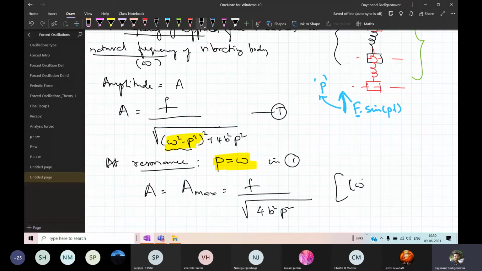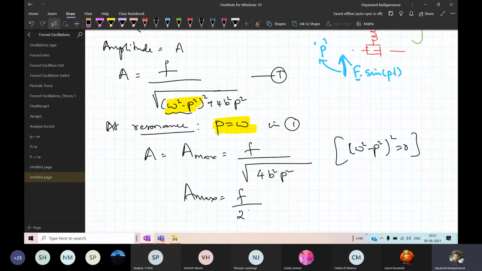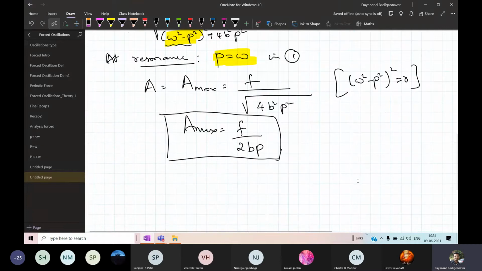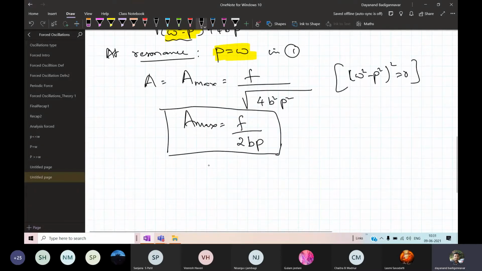Finding the root, A maximum is equal to F divided by 2BP. This is the value for the maximum amplitude. This is called the resonance condition, and the amplitude at resonance is F by 2BP. The resonating frequency is the frequency at which the resonance takes place.